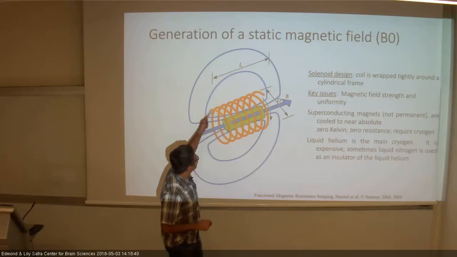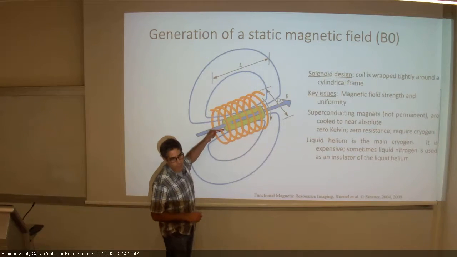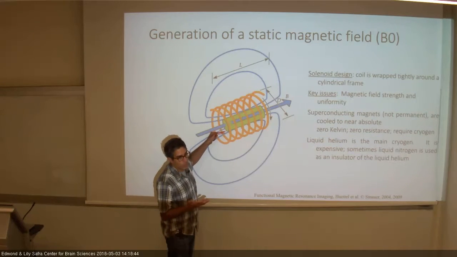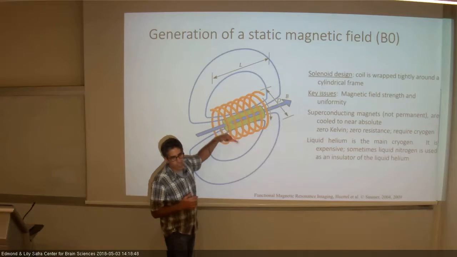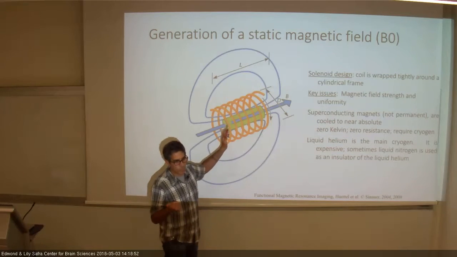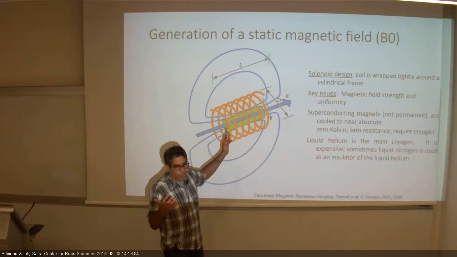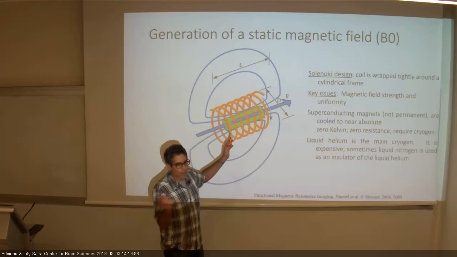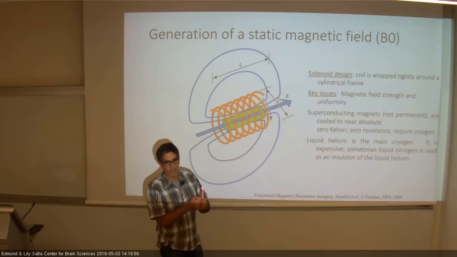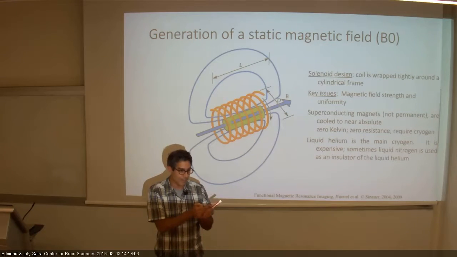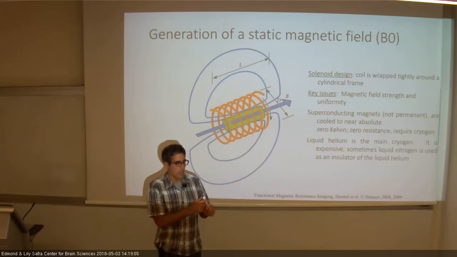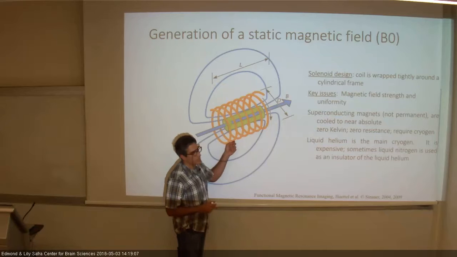And then you inject the current once, this huge current, you seal it, keep it very cool, and then you have a constant magnetic field in the magnet. So that's why I say it's constant, it's always there. There is no noise for that, and we don't take tons of electricity from the electrical grid all the time. We did it once. What we are paying all the time is for keeping it cool.